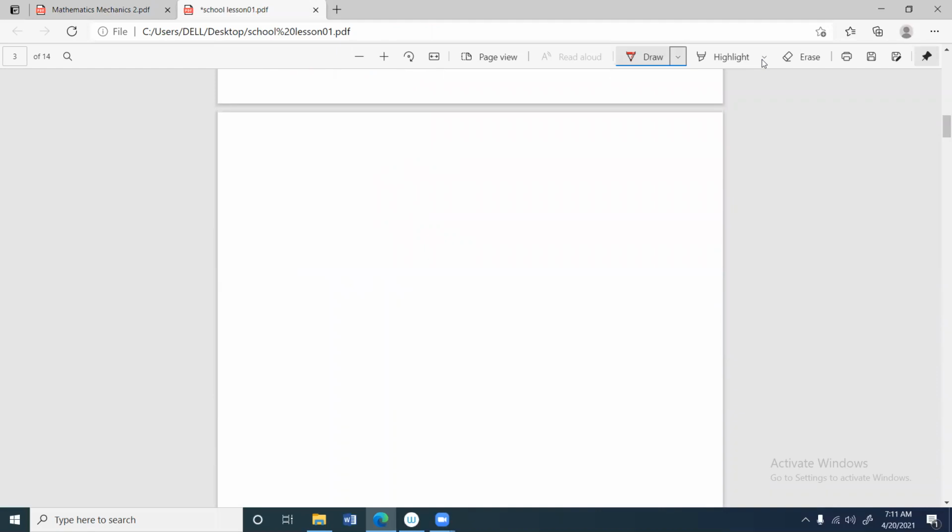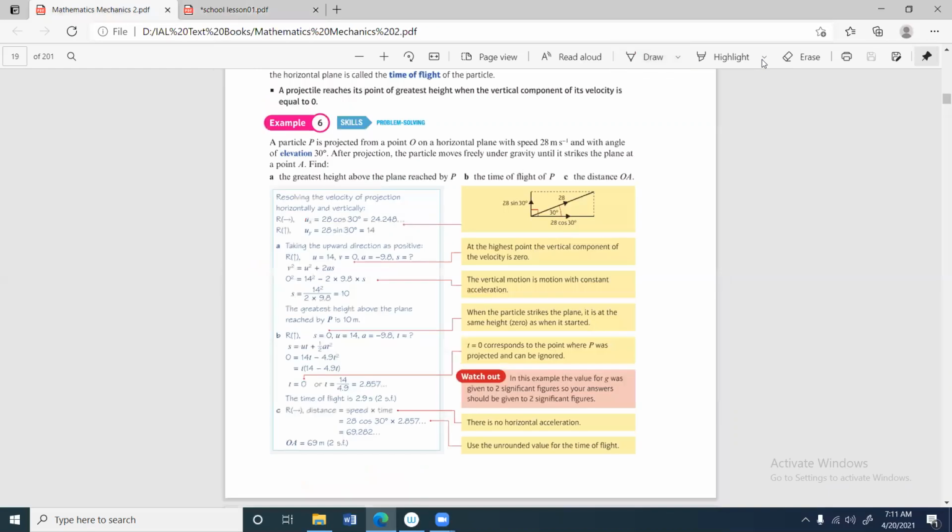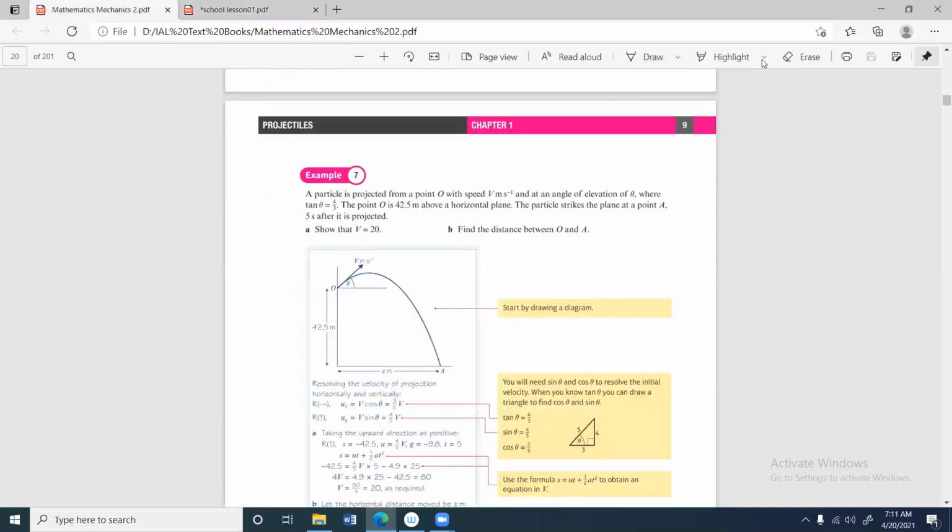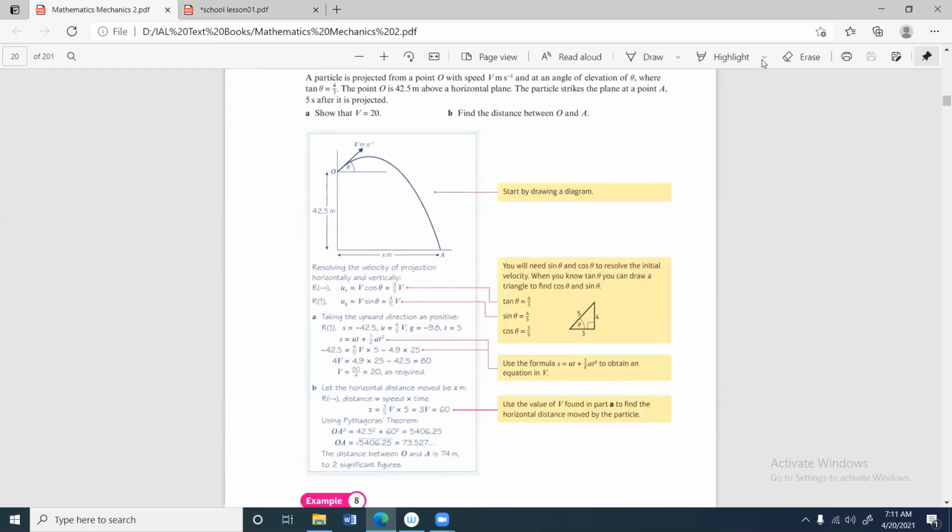Right. Let's move on to the next part of the question. So it's like this. A particle is projected from point O with a speed of V at an angle of elevation theta, where tan theta is 3/4.